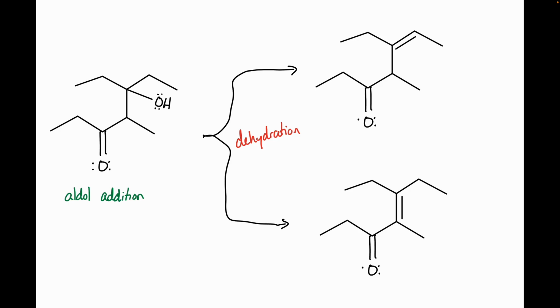So we have 2 possible dehydration products. Why is that? Simply because this alcohol has 2 neighboring carbons which could potentially lose their hydrogens. The difference between these 2 products is where that double bond is.